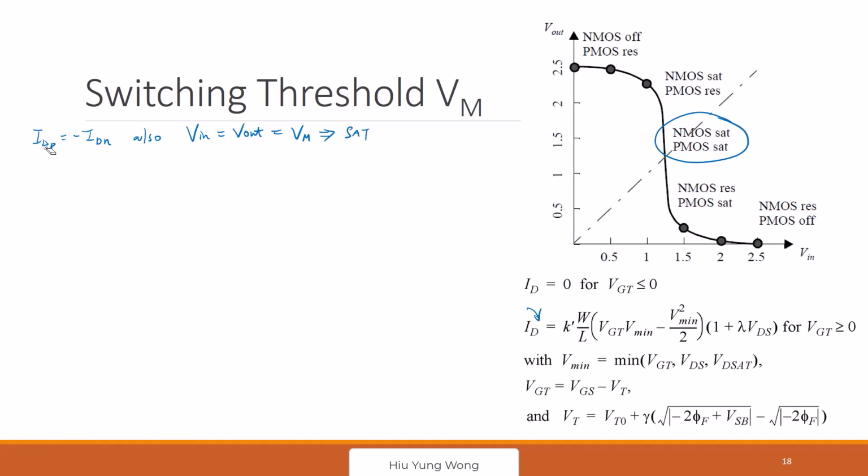Okay, I just want to conform to my notes, so I will say this instead: IDN equals negative IDP. On the left, I'm going to write IDN equals K' W/L times VGT times Vmin. What Vmin should I use when it is in saturation?